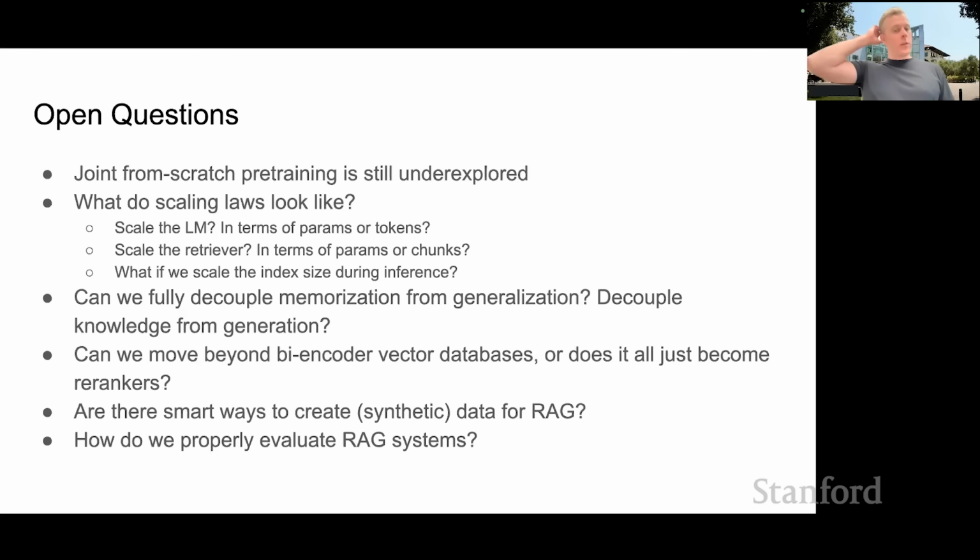I think there are some interesting things to look at for the data. So, alluding to this instruction problem, can we generate much better data for training RAG systems synthetically? And then I think there's this massive open question around how we actually measure whether the RAG system is any good. Right now we just look at downstream performance, which is sort of okay, but if you mess up the retrieval, it's very hard to measure.